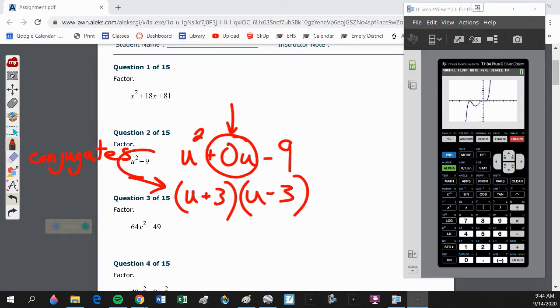Then we're left with something like this. That quadratic is referred to as a difference of perfect squares. It's u times u and 3 times 3, and it has to be a subtraction. If it's an addition, then it's not going to factor. Okay? So if you have a difference of perfect squares, it factors into conjugates.